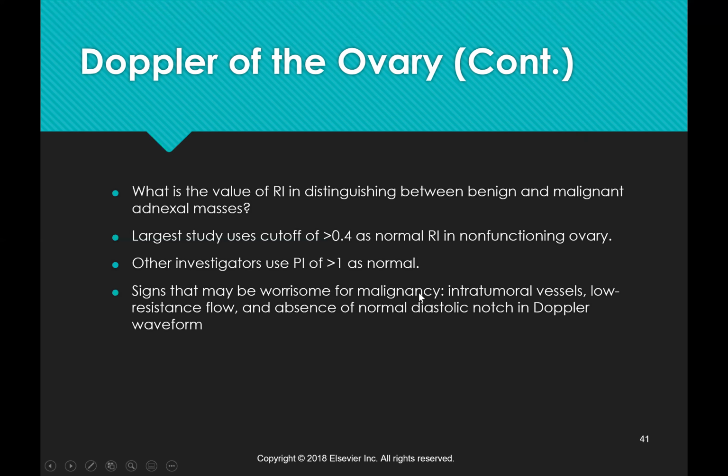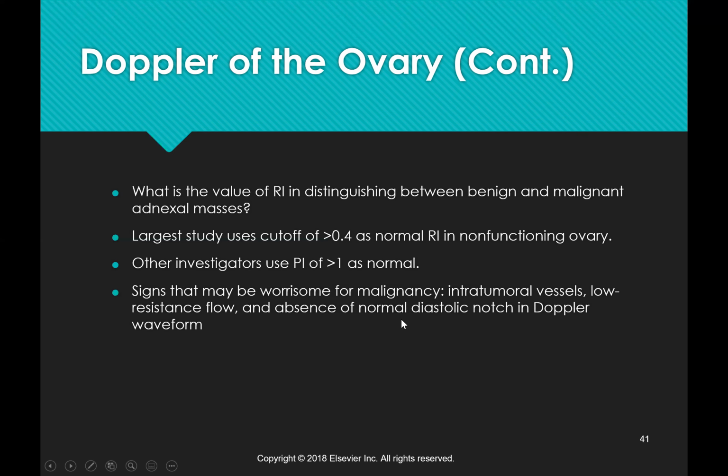So that's going to be a lower systolic, higher diastolic flow. You're going to see multiple vessels during malignancy, low resistance flow, and the absence of the normal diastolic notch in the Doppler waveform.